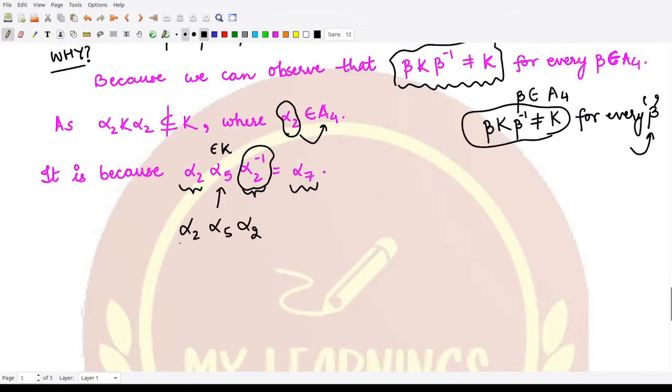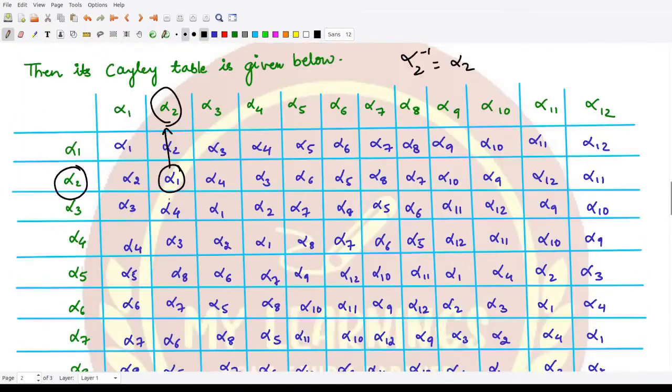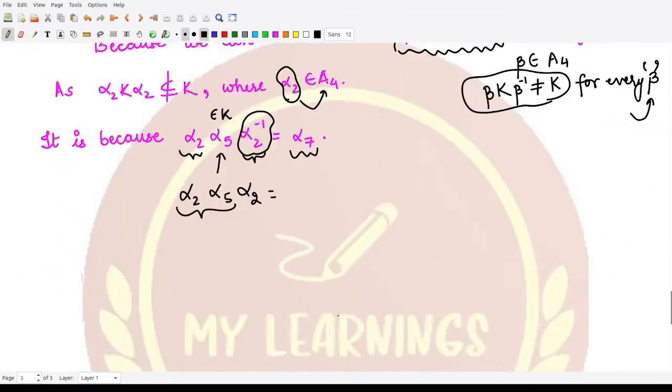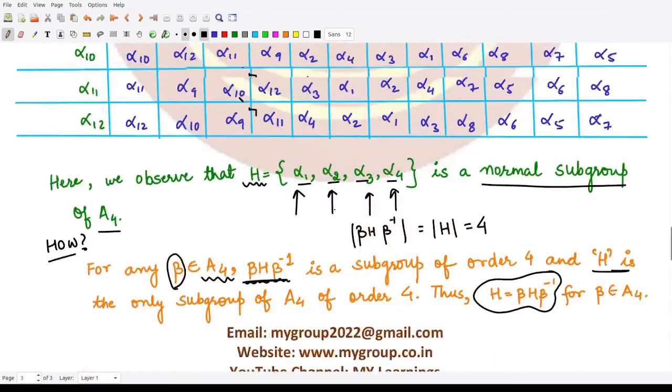Now we need to solve this. We first solve this portion. What is alpha 2 composed with alpha 5? Let's have a look. It is alpha 6. Let's write down the value here: alpha 6 and alpha 2 as such. Now what is alpha 6 composed with alpha 2?